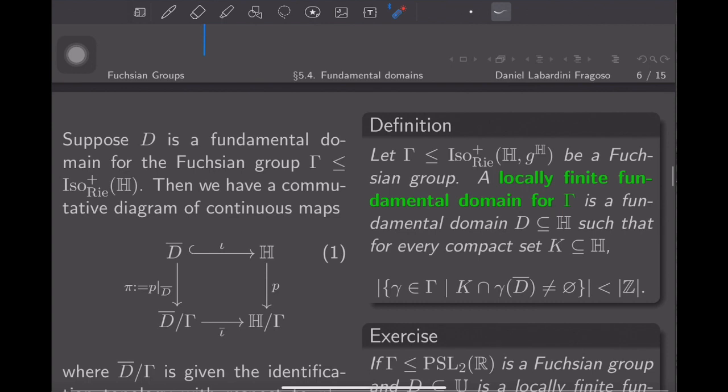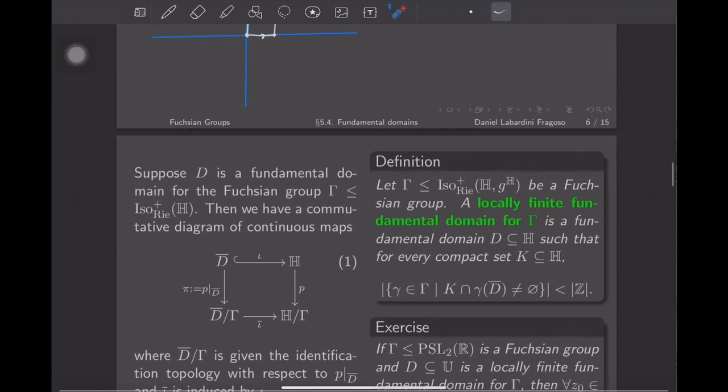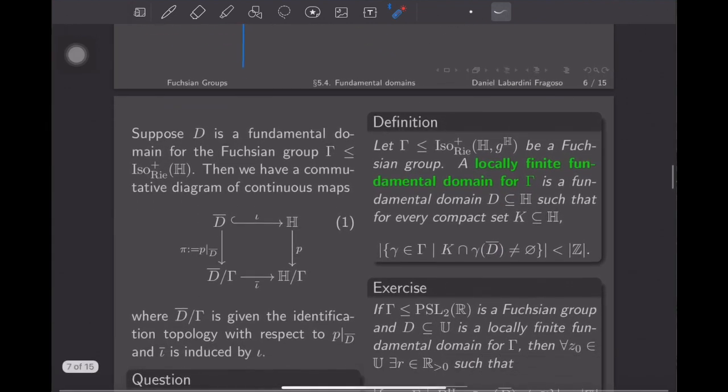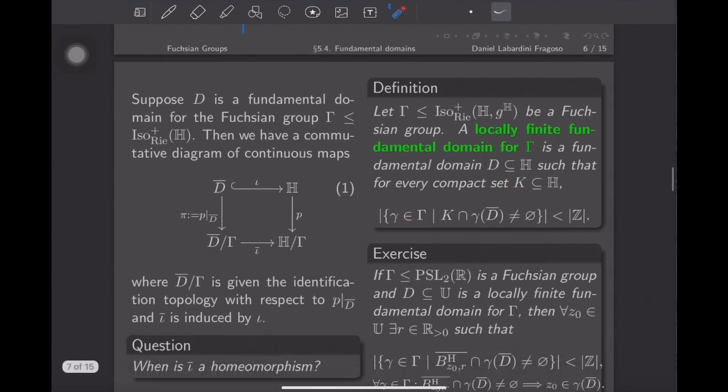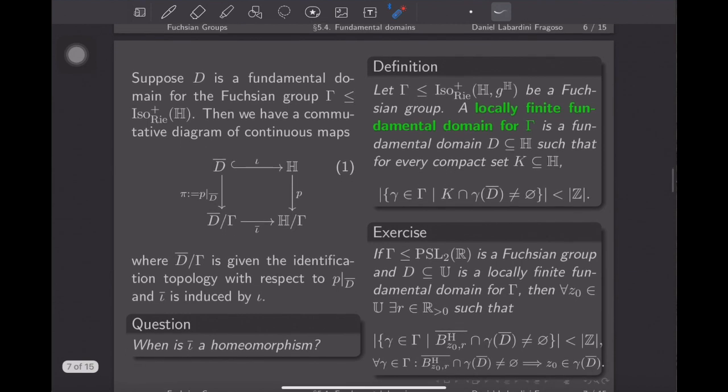So only finitely many gammas can take D bar, not inside, but can make it overlap with K. Only finitely many gammas, and this for any given compact set. So that's the definition of being a locally finite fundamental domain.